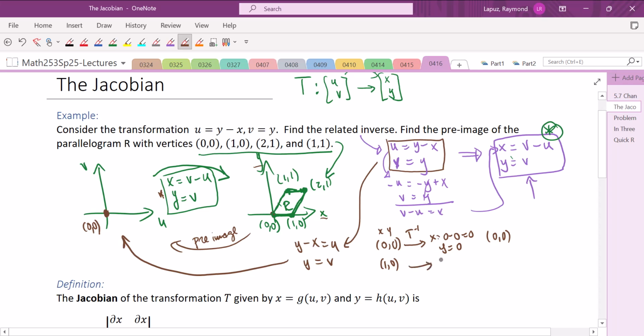The T inverse of that is going to be y, that's 0 minus 1. So 0 minus 1, that's negative 1. And my v is going to be y, which is the second component. So our point is going to be negative 1 comma 0. So negative 1 comma 0 is over here.